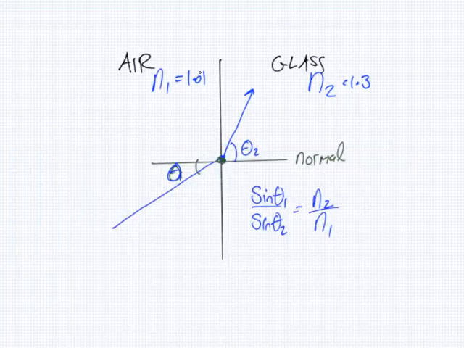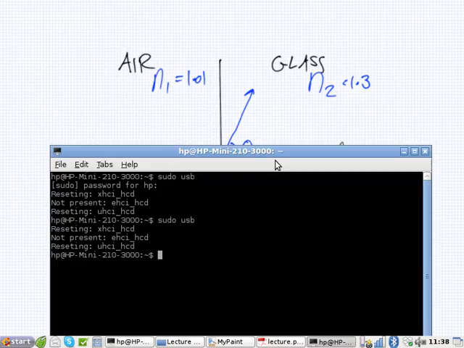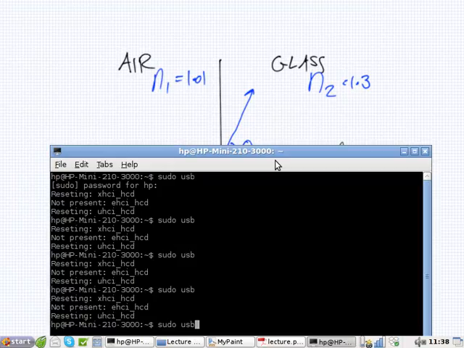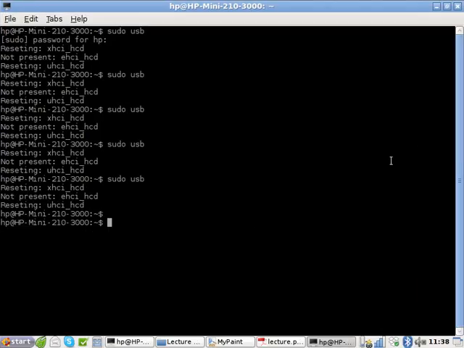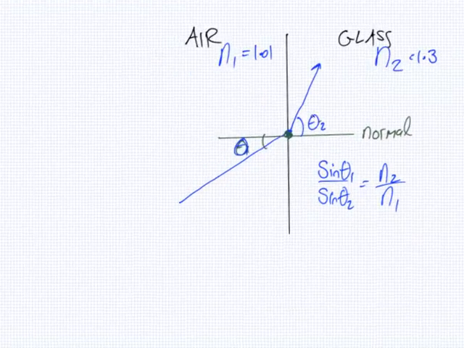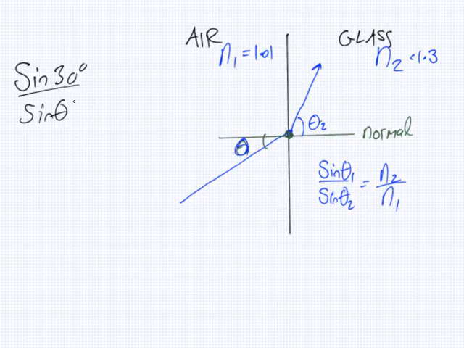Oh, 1.01 and 1.3. Sine 30 over sine theta 2. Interesting. Is that bigger or smaller?